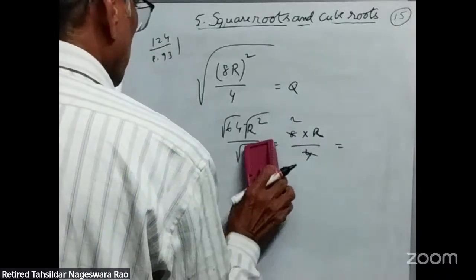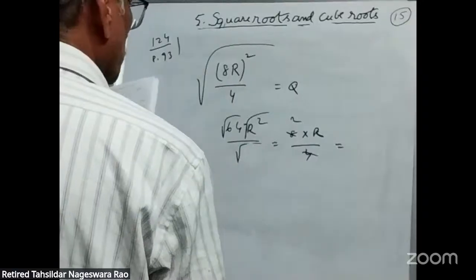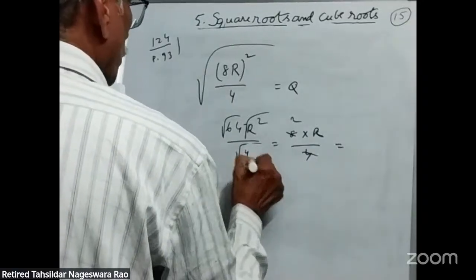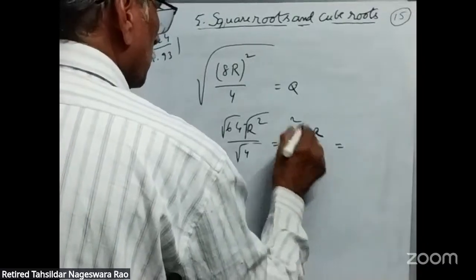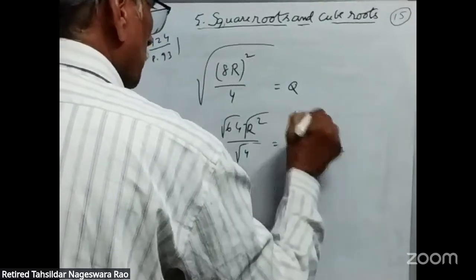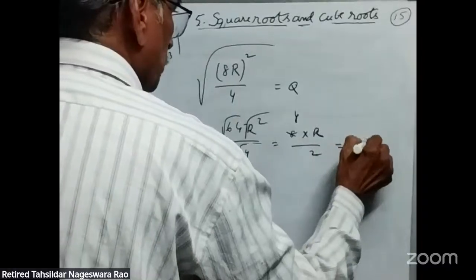Here 4, here root 4 is 2. This one 4 times. Answer is 4r.